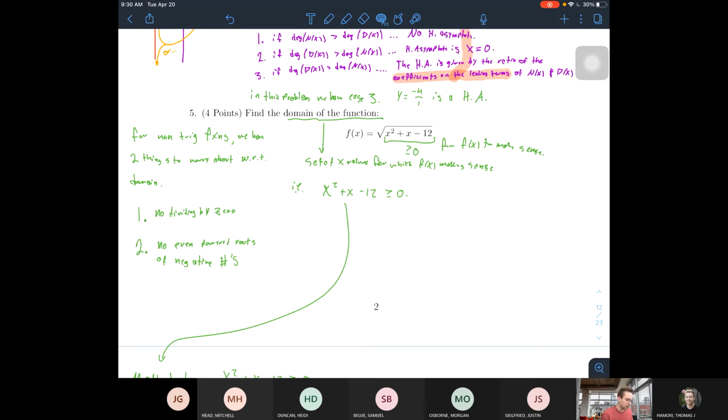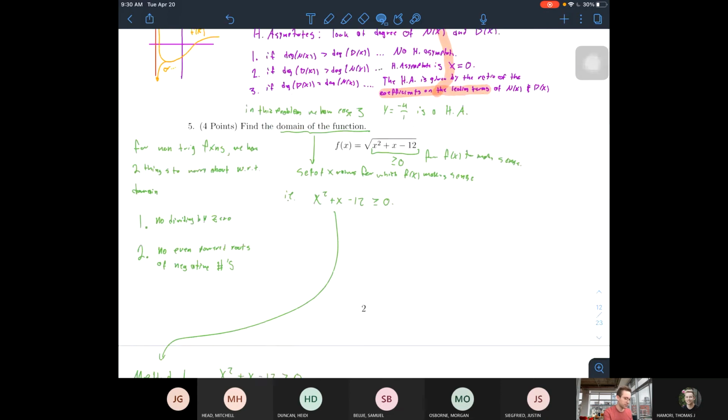From there, you get this inequality: x squared plus x minus 12 is larger than or equal to 0. Then you have to solve a polynomial inequality, which is another topic from the course. So that's a cool problem that involves several different topics. So again, any questions on this entire problem?